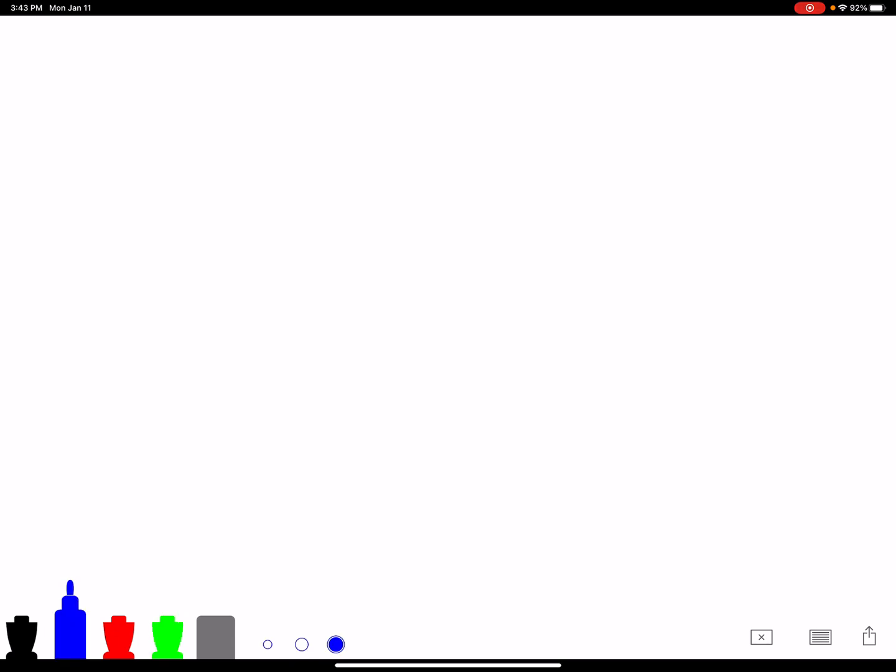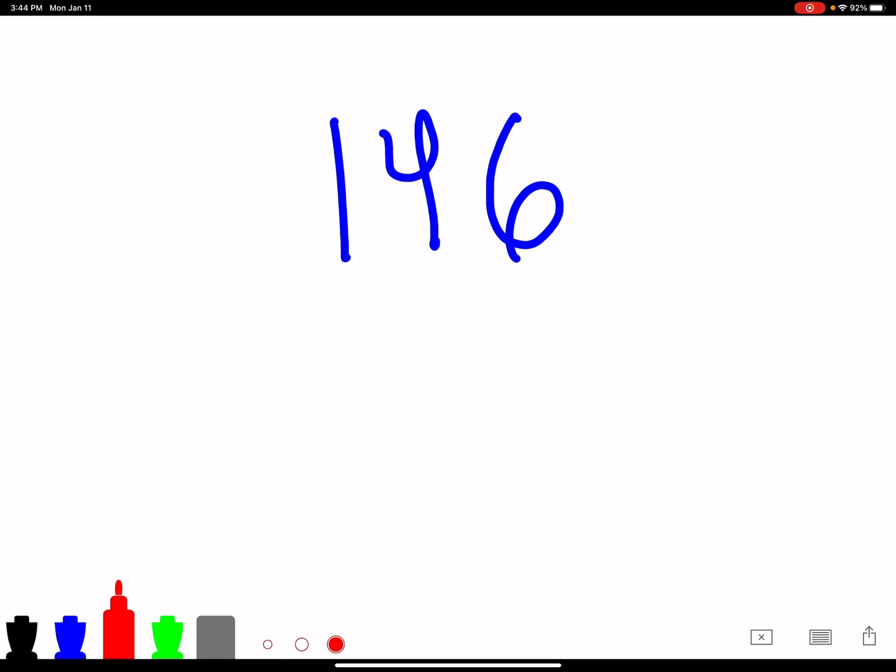And if I was to say, what's number 4? Is the 4 in the ones, tens, or 100s place? What would you say? Shout it out. Number 4 is going to be in the tens place since it's in the middle.